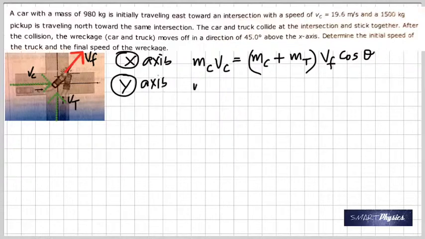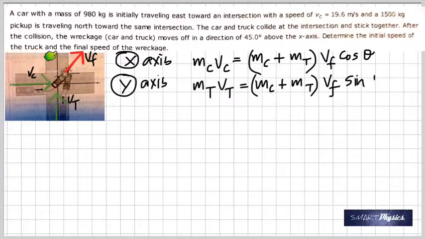Similarly, along the y-axis, initially it's only the truck that's moving along the y-axis, so it's the product of its mass and velocity, and then the final is the total mass times Vf and the sine component. So it's going to be sine theta.